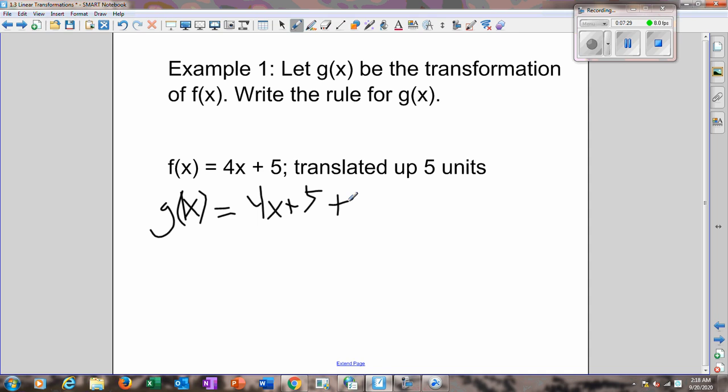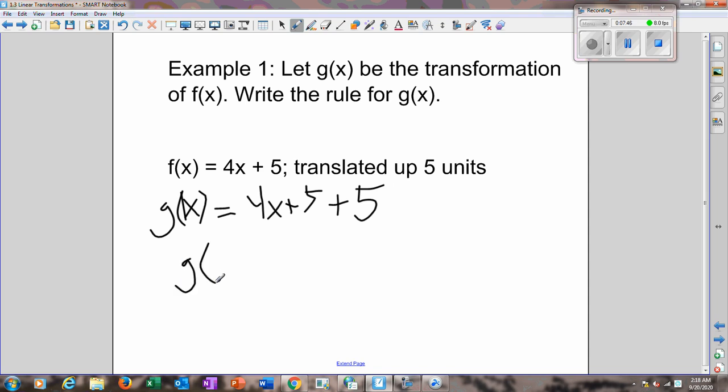So it was 4x plus 5. We're translating it up 5 more units. So it gets a plus 5 at the end. Now we just combine our like terms.